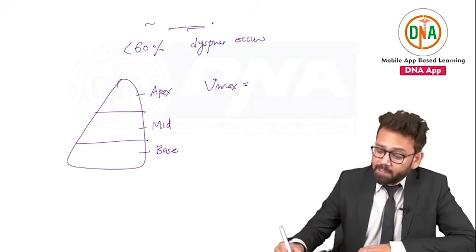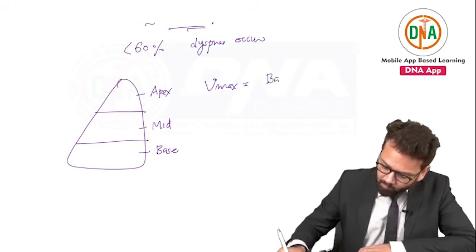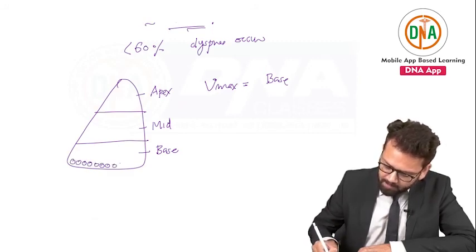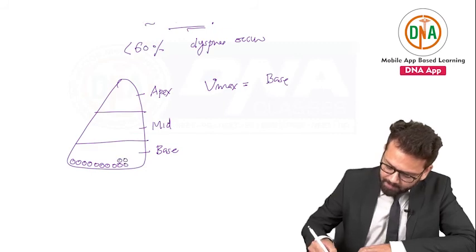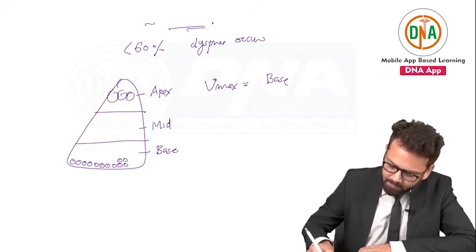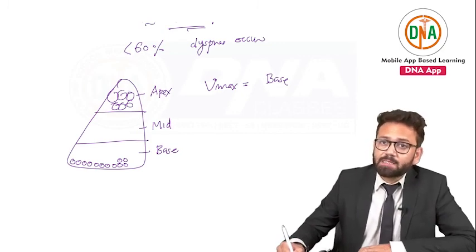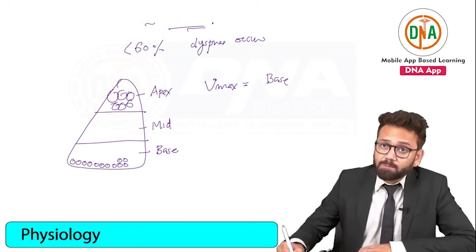Ventilation is maximum at the base. Why? Because alveoli at the base are not bigger, they are smaller. The smaller the alveoli, the more the ventilation, and at the apex alveoli are bigger. So ventilation is maximum at the base because alveoli are smaller.